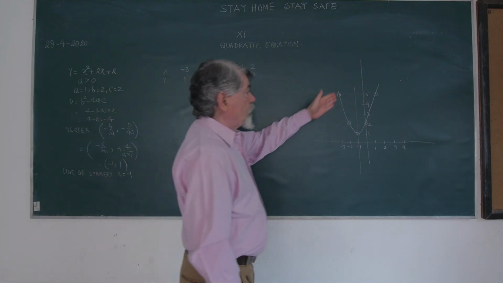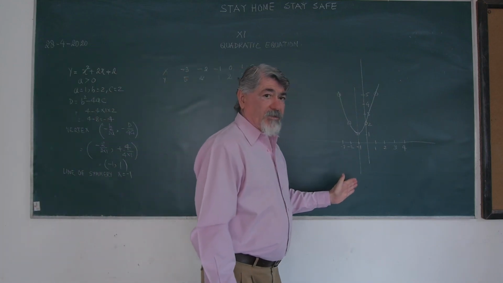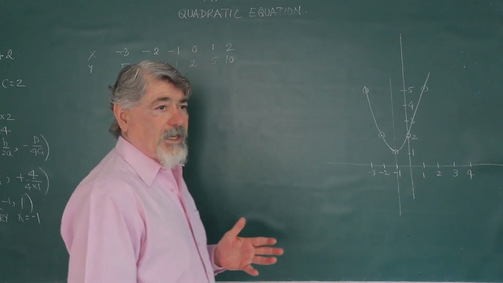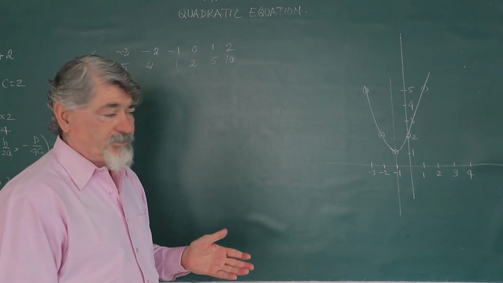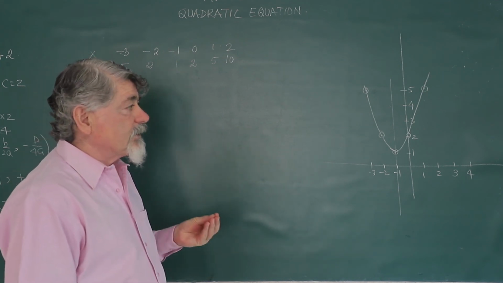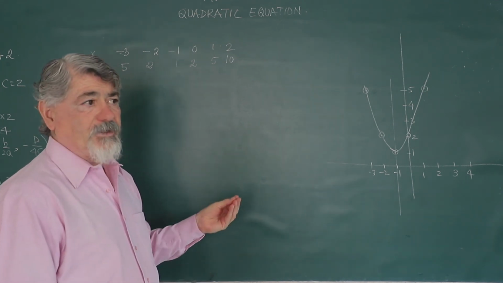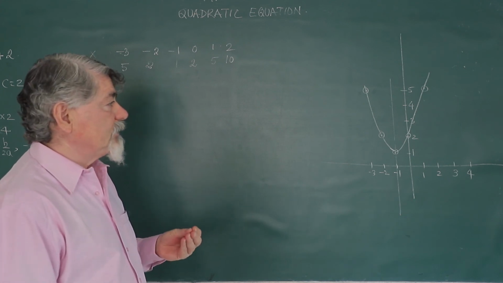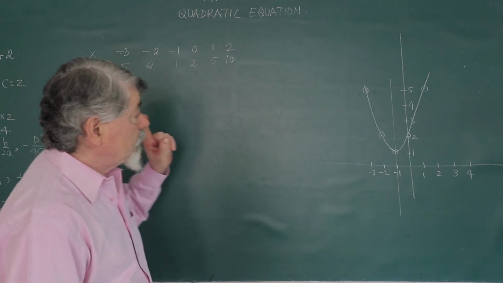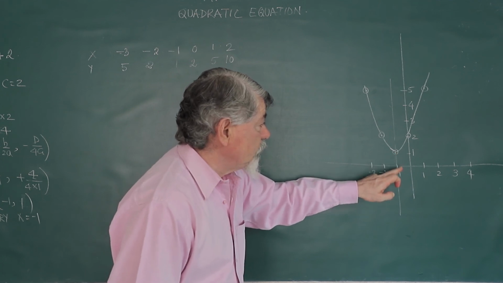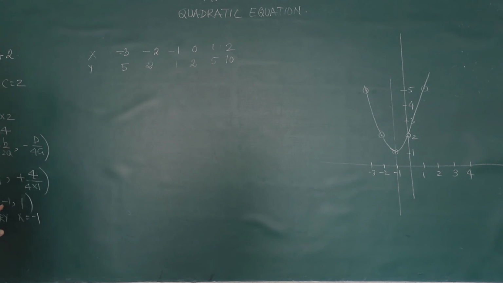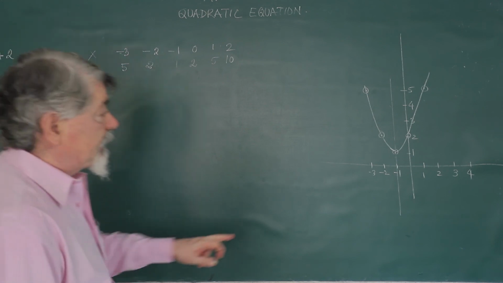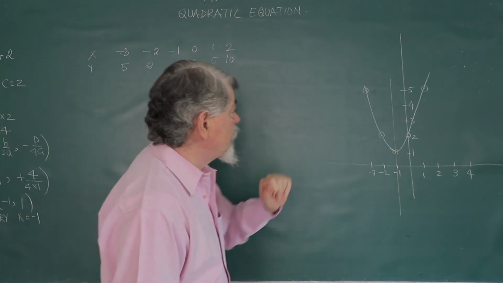First of all, I drew a vertical line x is equal to minus 1, which is the line of symmetry. We have to draw the line of symmetry because the vertex will lie on the line of symmetry. Now, minus 1, 1 is the vertex.